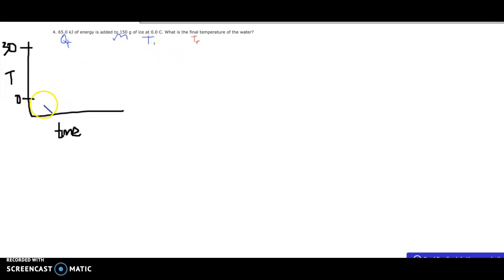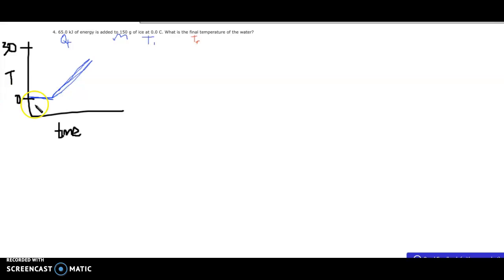We know that the freezing point of water is 0 degrees Celsius, so we know right off the bat there's a phase change. And since they're asking for a final temperature, we know that it changes from 0 degrees Celsius. There's no way it can stay at 0 degrees Celsius, so we have to go up.